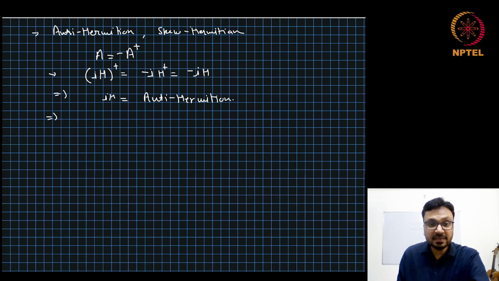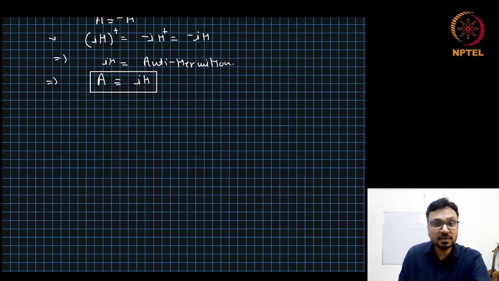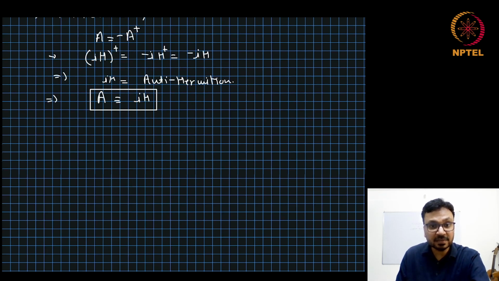We can claim here that all the anti-Hermitian operators can be written as i times Hermitian operators. And this is what we will be using throughout this coursework. So if A is iH, then we can use all the properties of the Hermitian operators to redefine the properties of the anti-Hermitian.